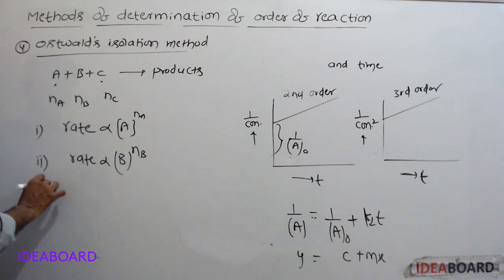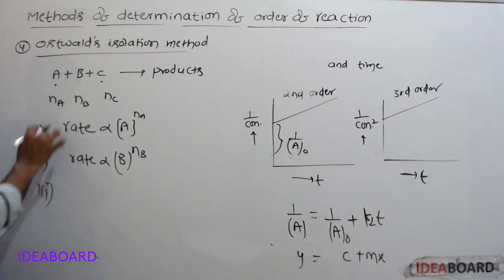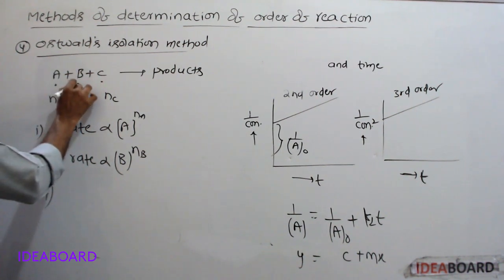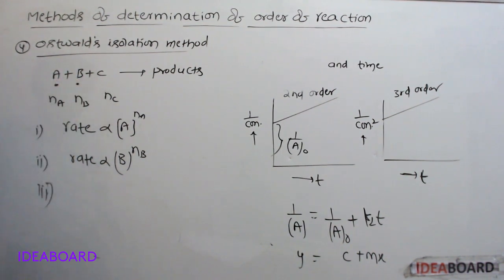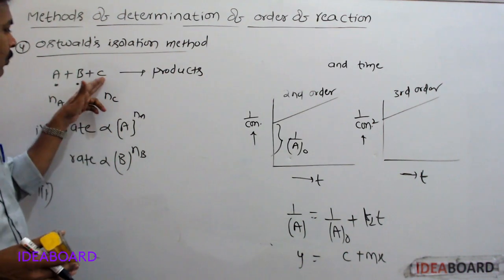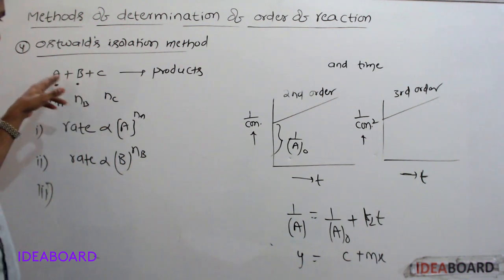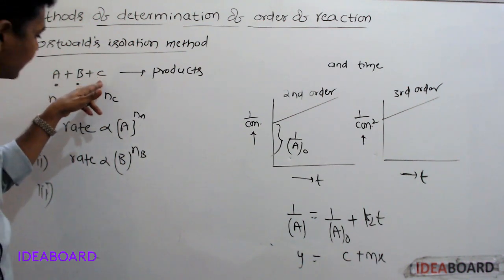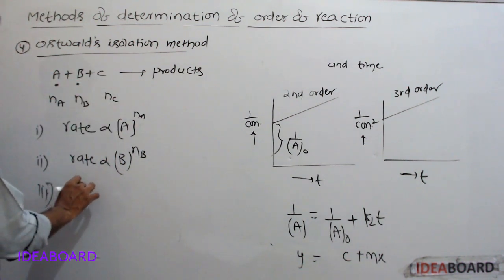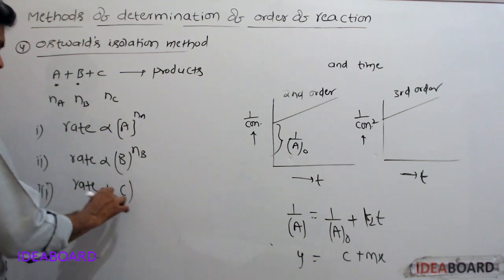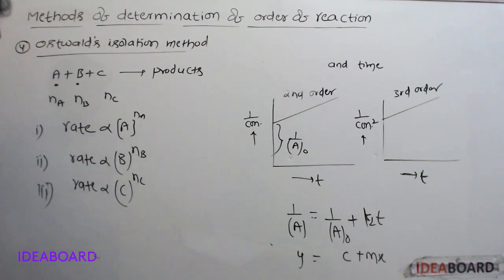Next, in the third experiment, if we take excess of A and B, a large amount of A and B, then the rate of reaction depends only on C concentration. Then rate is directly proportional to [C]^Nc.